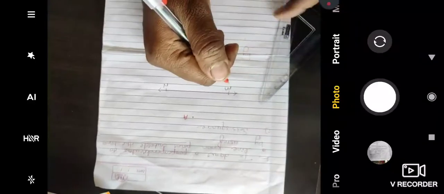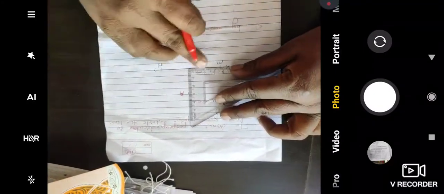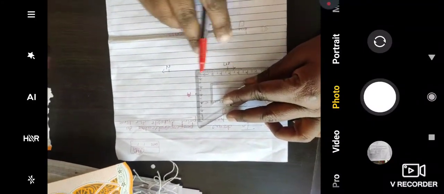Now here is the set square. As we know, its shape is triangular. We have to take one side of this set square and keep it on MN.